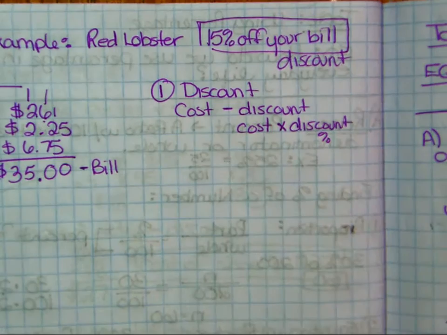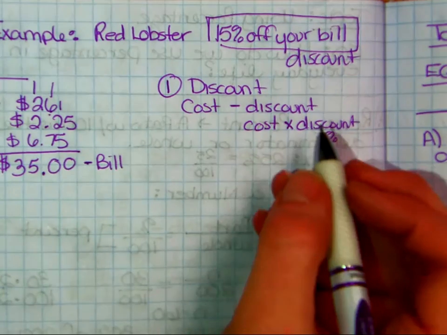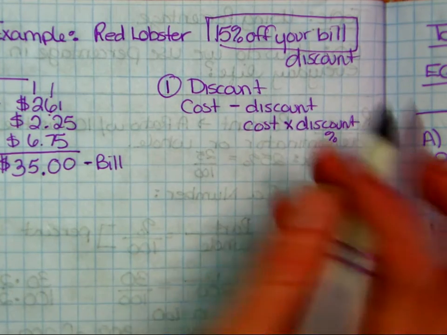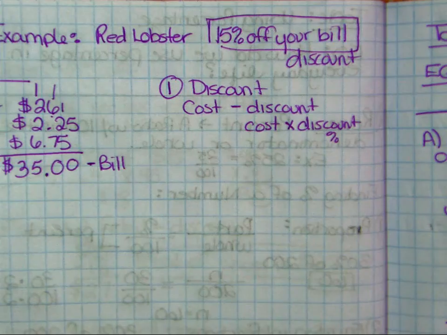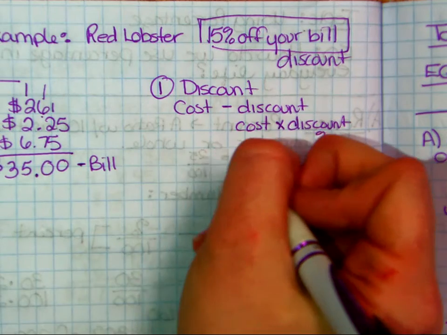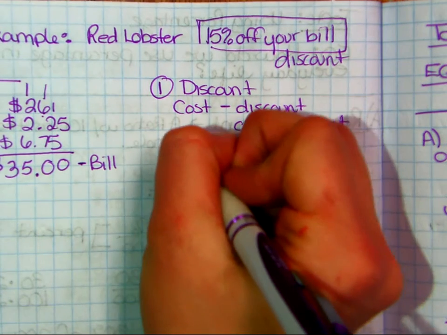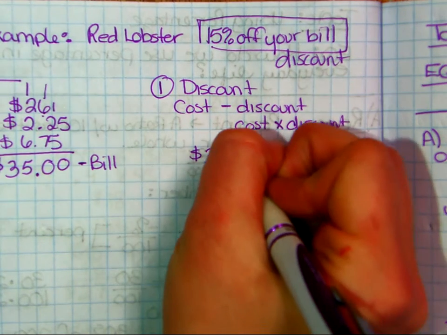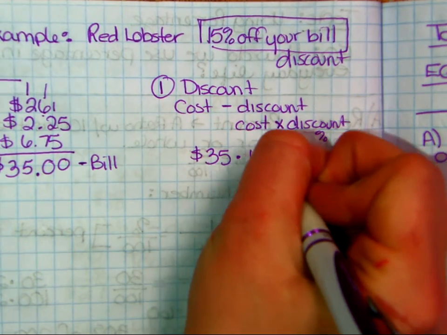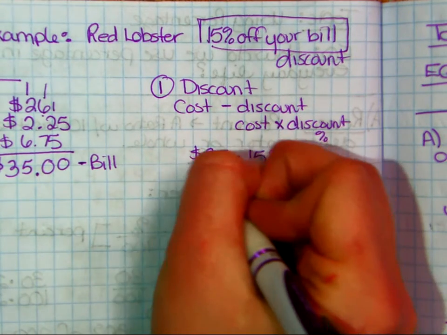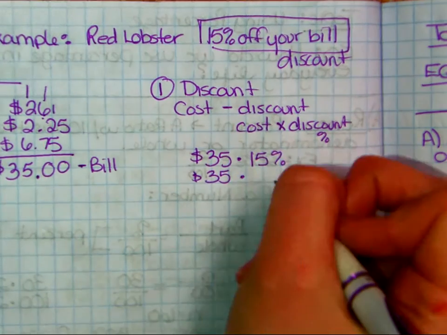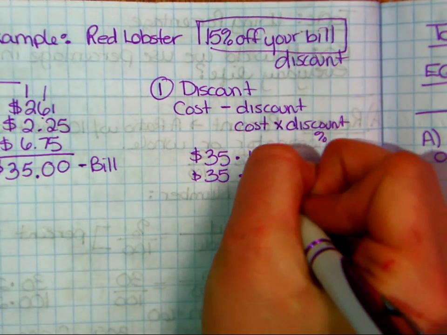So what is your discount percent, class? According to your ticket, 15%. What is your cost, class? $35. So you're going to do $35 times 15% or $35 times 0.15, right? We've just moved that over.